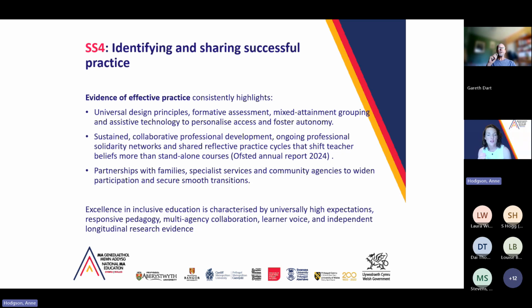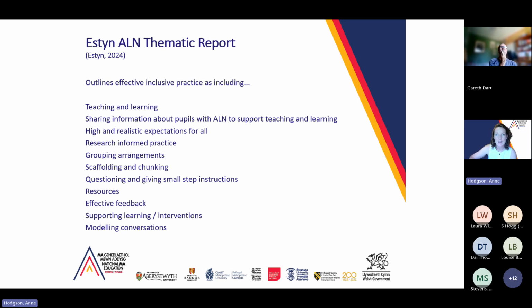So the threads that come out are high expectations, responsive pedagogy, multi-agency collaboration, learner voice, and independent longitudinal research. Those strands, the learner voice, high expectations, they all came out in your responses to that last task. So we can see that we have this agreed awareness of what's needed.